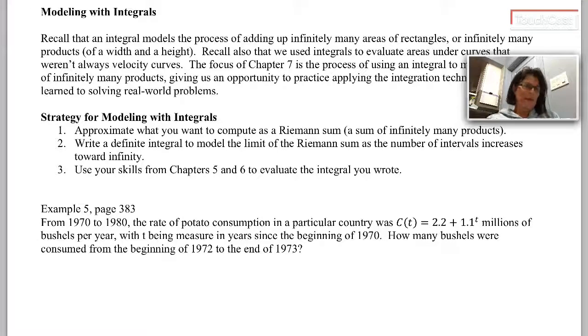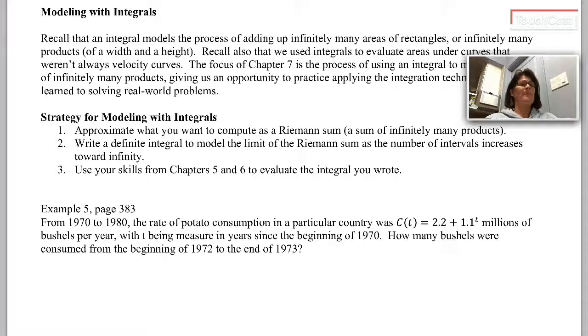Another way to think about it: this function C of t is measured in millions of bushels of potatoes per year, and I would want to multiply it by a time to get how many bushels were consumed over that time. I would wish that it were a constant function.